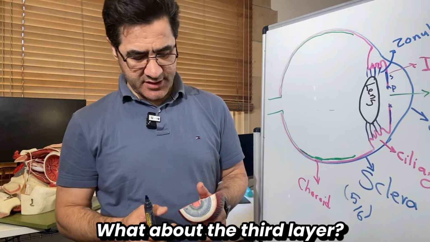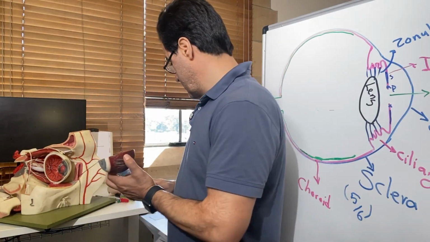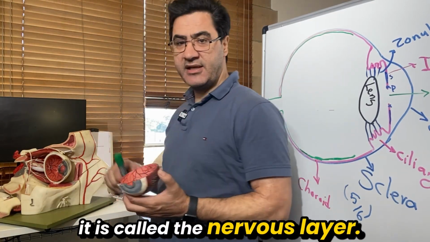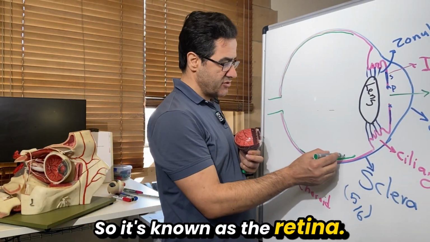What about the third layer? The third layer, represented in green, is called the nervous layer. It contains neural cells, the neural layer, known as the retina.